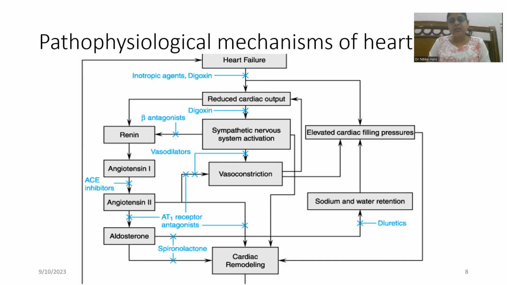Aldosterone antagonist, spironolactone, acts at the level of aldosterone action. AT1 receptor antagonists block the action of angiotensin 2. Diuretics act at the sodium and water retention level, that is, they will increase sodium and water excretion. So this is how the drugs act.